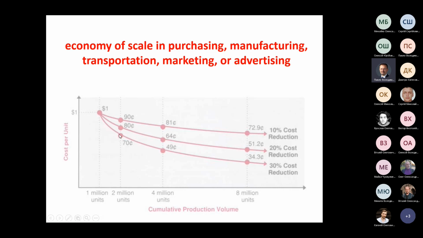And the price of the product of the second company can be less than the cost of the first company. So we can say that the second company is much more competitive compared with the first company.